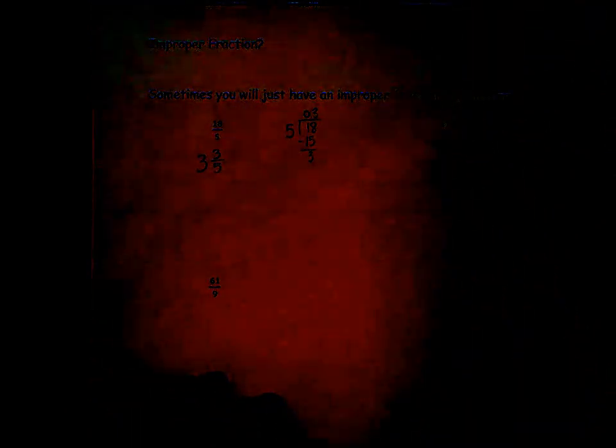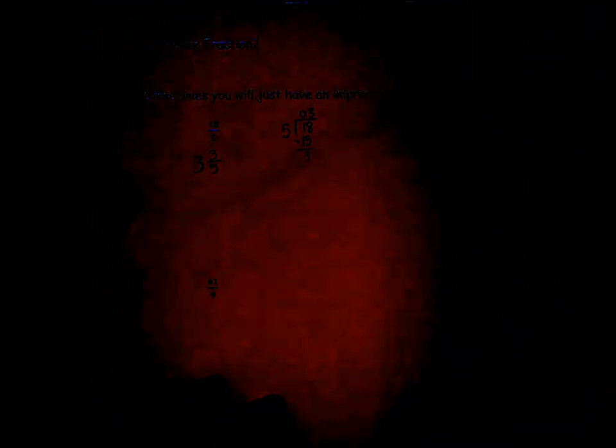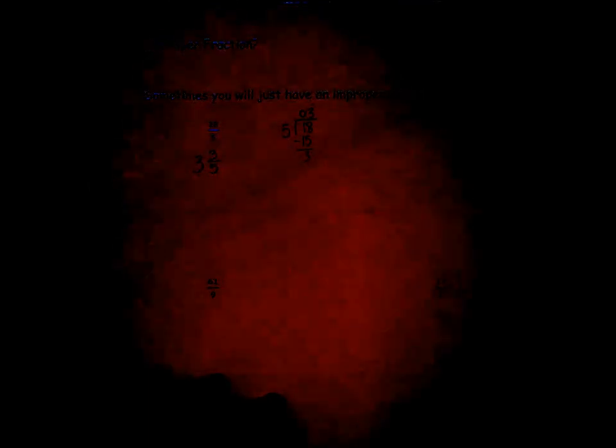Let's try another one. 37/7. I'm going to set it up so that I divide my numerator by my denominator. I have 37 divided by 7. 7 does not go into 3, so I can put a 0. 7 does go into 37, but I'm going to have to check and see how many times. I'm going to guess and check. 7 times 4 gives me 28. I can add more. I know there's a difference of about 10 between these two numbers.